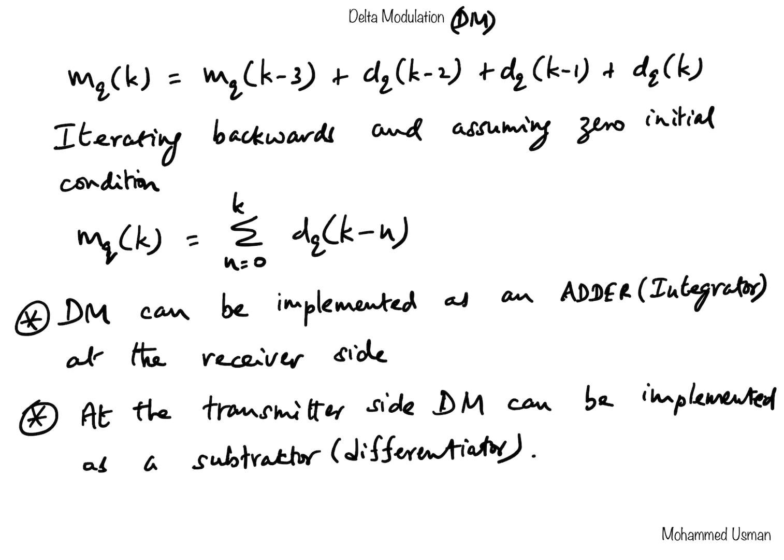So that reduces the implementation complexity and hence the implementation cost for a delta modulation system as compared to a differential pulse code modulation, okay?